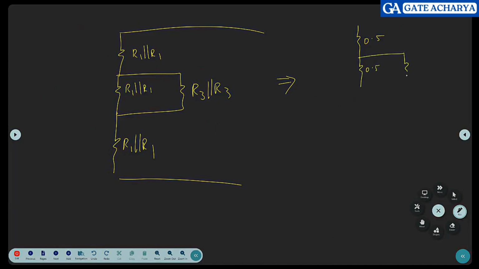0.5, 1.5, 0.5. What is the net resistance for this? What is 0.5 parallel with 1.5?